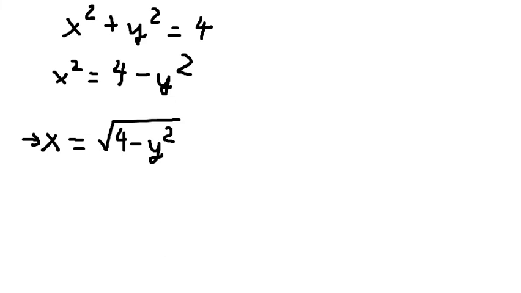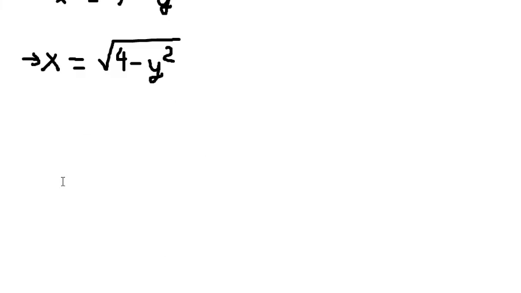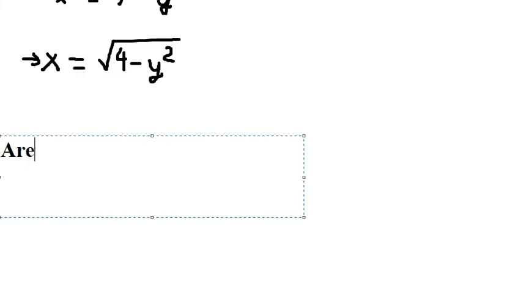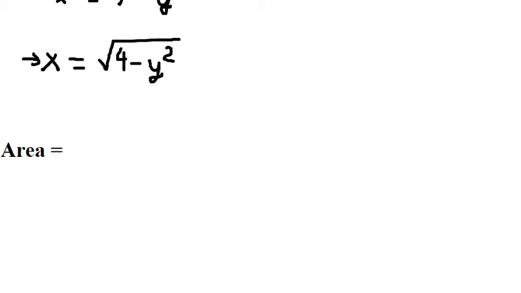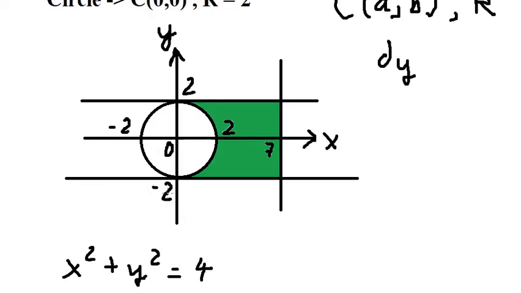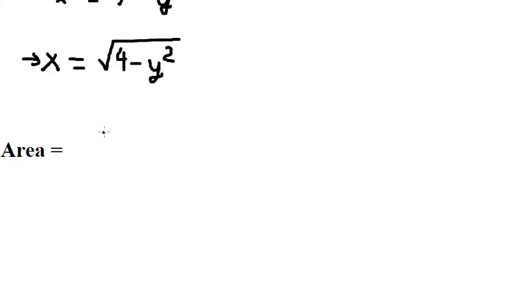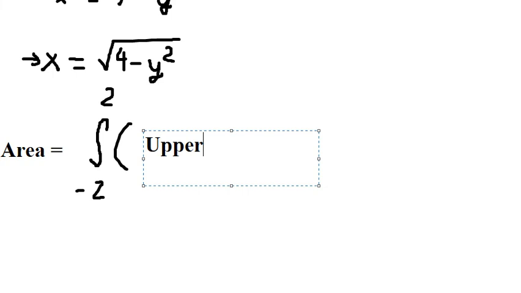And now we can apply the integration. So we see that we start at negative 2 and we stop at positive 2. So we have the integration from negative 2 to positive 2. We need to use the upper function minus the lower function.